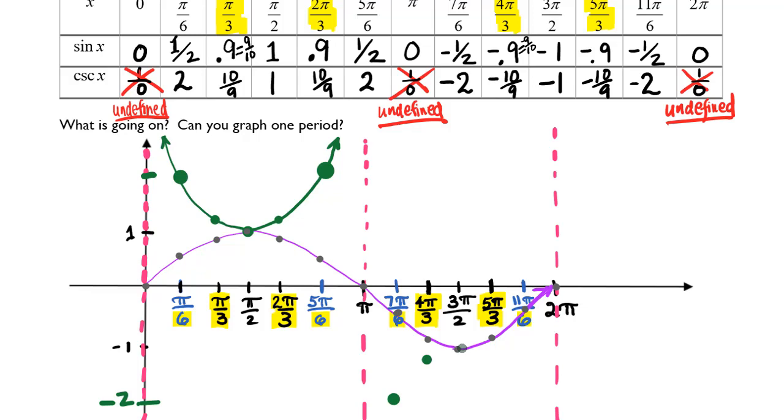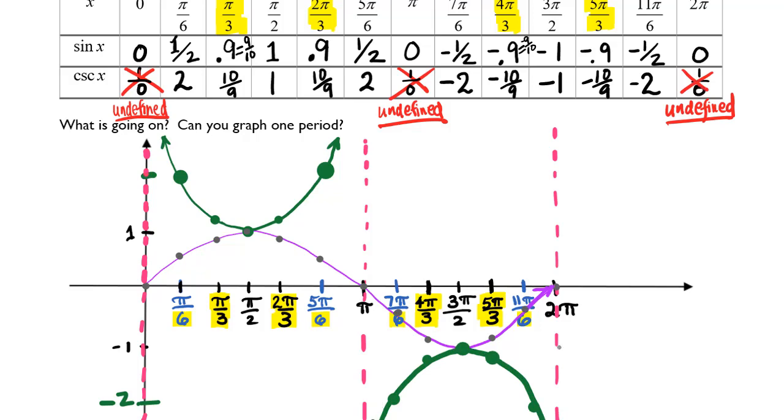At 3 pi over 2, I will be at negative 1. At 5 pi over 3, I'll be at negative 10/9. At 11 pi over 6, I'll be at negative 2 again. And if I connect those dots, again, I will have this curve here.